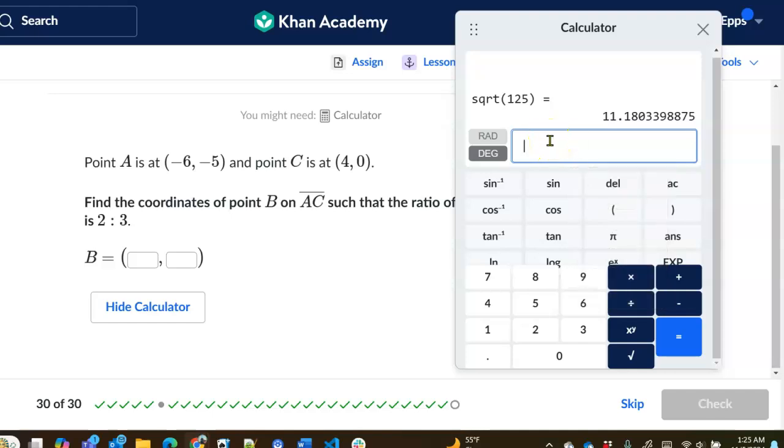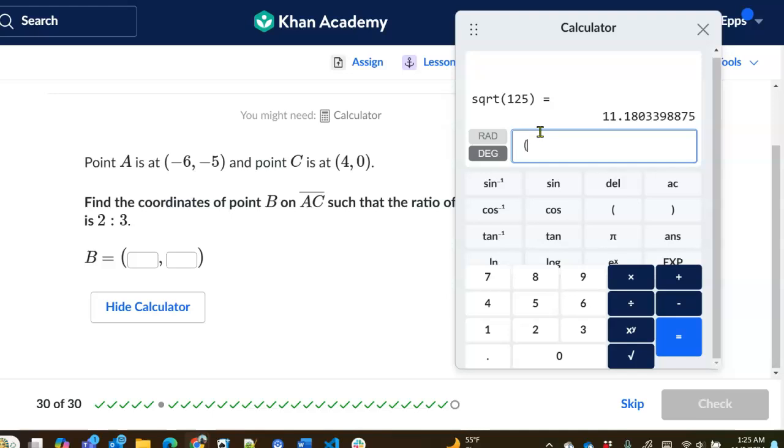So x equals m times x2 plus n times x1, over m plus n. The ratio here, 2 to 3, gives m is 2, n is 3. And A is (-6, -5), so -6 is x1, -5 is y1, 4 is x2, 0 is y2. I think I'm going to need to put this in parentheses.